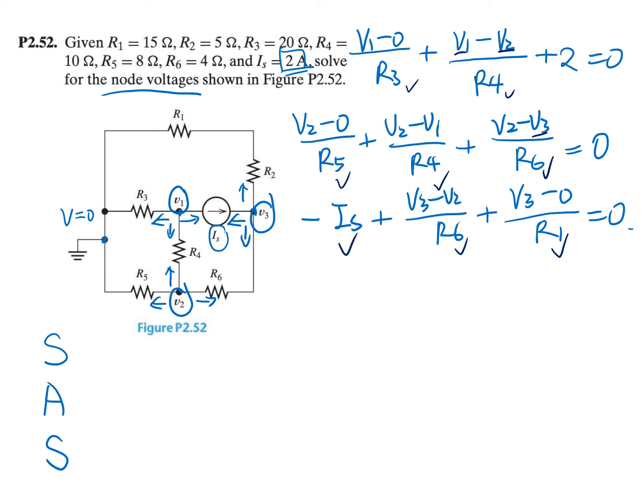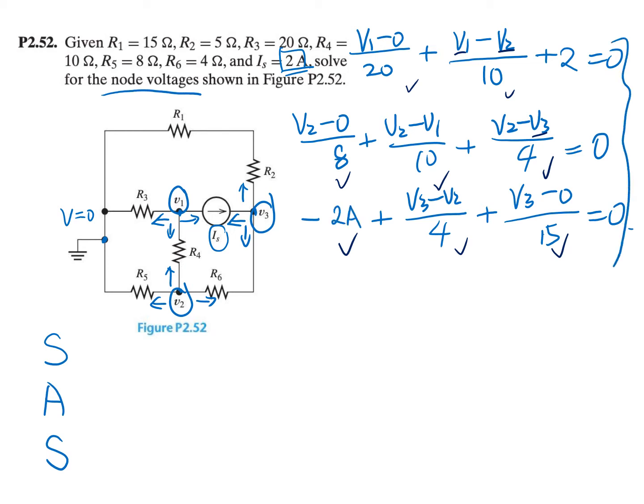We have R3, that's 20 ohm, and R4, that's 10 ohm, R5, 8 ohm, and R6 is 4 ohm, R1 equals 15 ohm, and IS is equal to 2 amp.